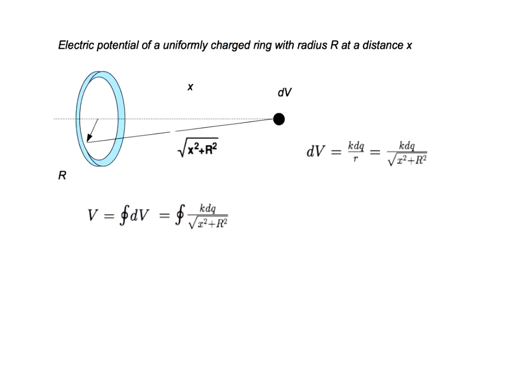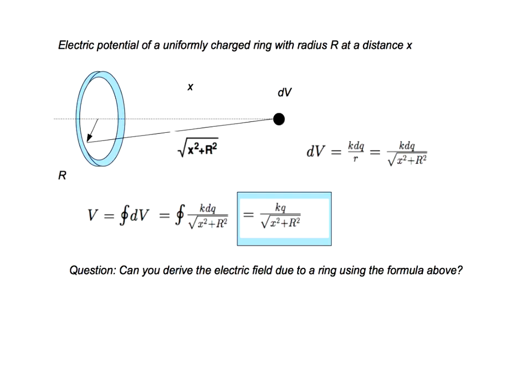So simply we will integrate over that dq, and after we are done, the result will be the total charge of the ring Q. We can highlight this is the result for the electric potential created by a uniformly charged ring with a radius r at the distance x from its center along the symmetrical axis.